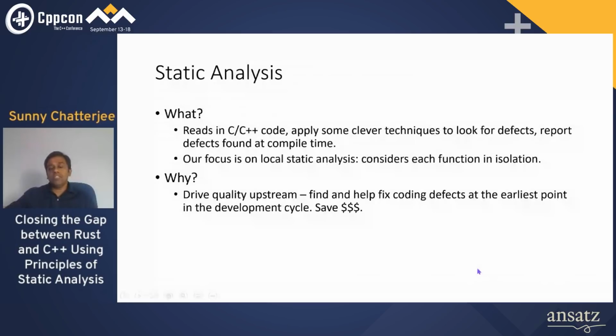There is a reason why we'll be focusing on local static analysis tools today. One is that local static analysis is fast, and we can apply this technique at scale. What it means is that we are able to provide defects to the user as he's typing his code or saving his work or even building. So there's a lot of value that we can provide before bugs get checked in. The second reason is that over the past few years, we have applied a few techniques to make local static analysis scale.